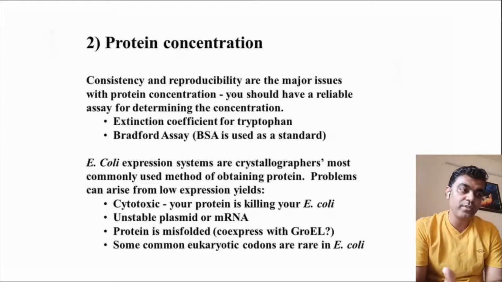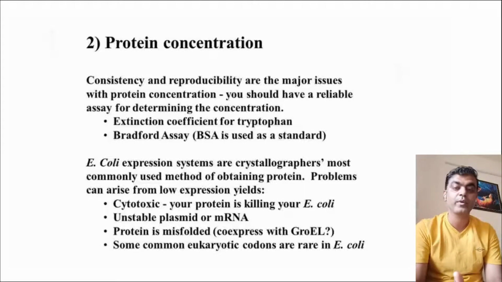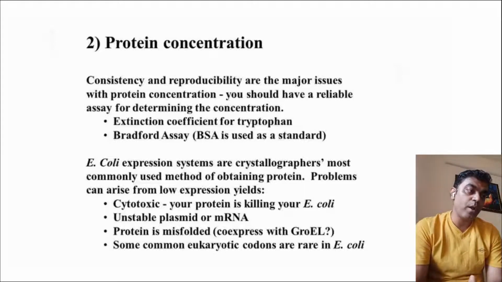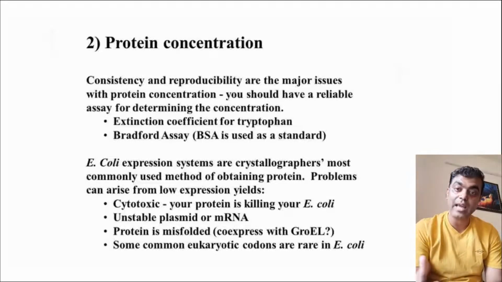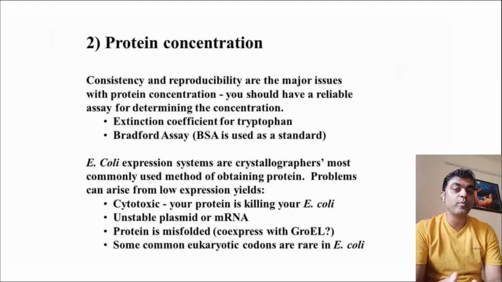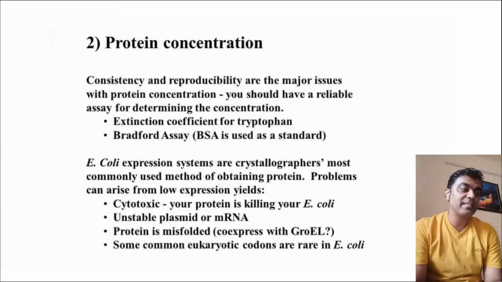So E. coli expression systems are a commonly used method for crystallographers to obtain a protein, and problems can also arise because of low expression yield. Why is the expression yield of this protein low? Because you may have a cytotoxic environment which is actually killing the E. coli. You may have unstable plasmids or mRNA.